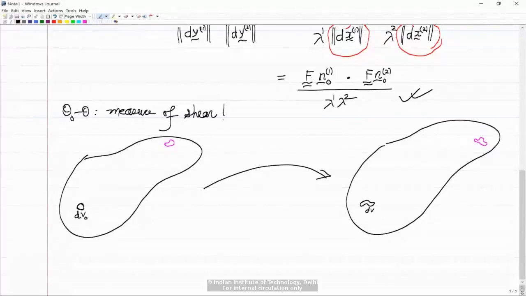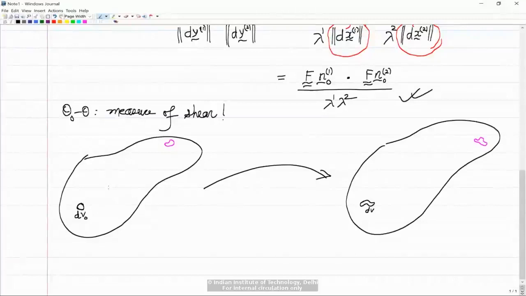To pick a volume element, you can take the help of three line elements which could form the sides of a parallelepiped. Let me show you here.